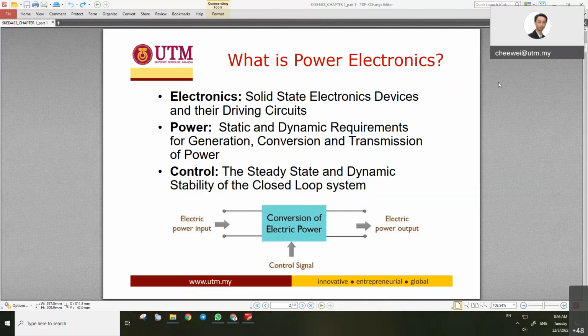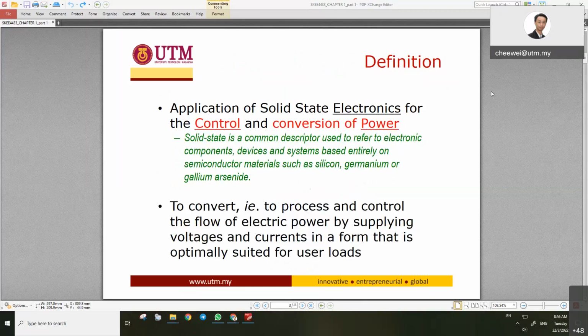Okay, so to answer what is a solid state, it's given here. Can you read it in the green one? Sure. Solid state is a common descriptor used to refer to electronic components, devices, and systems based entirely on semiconductor materials such as silicon, germanium, or gallium arsenide.